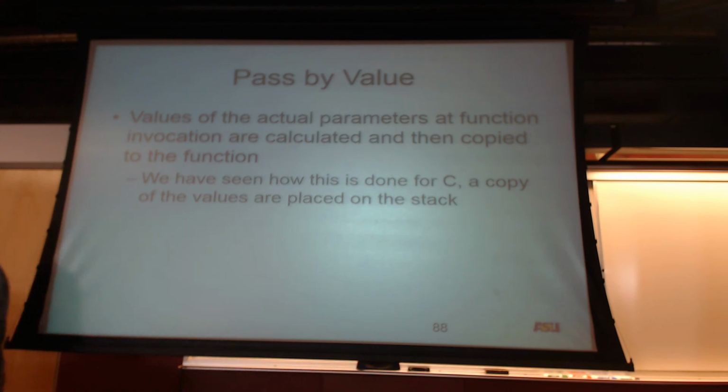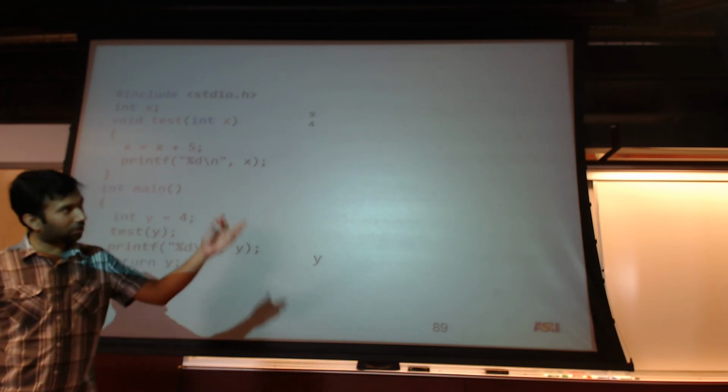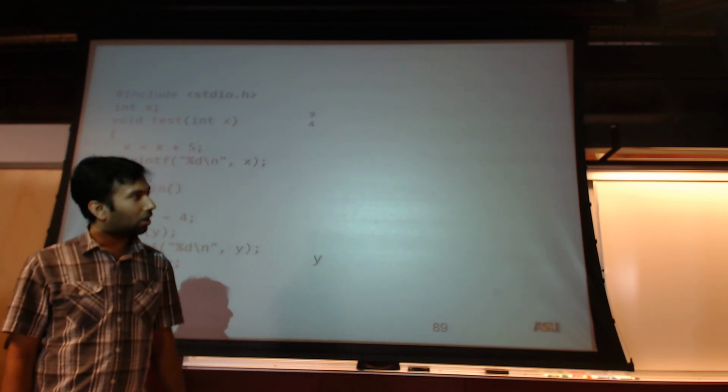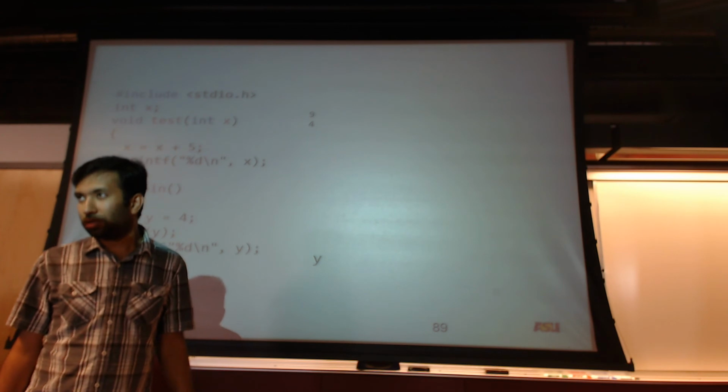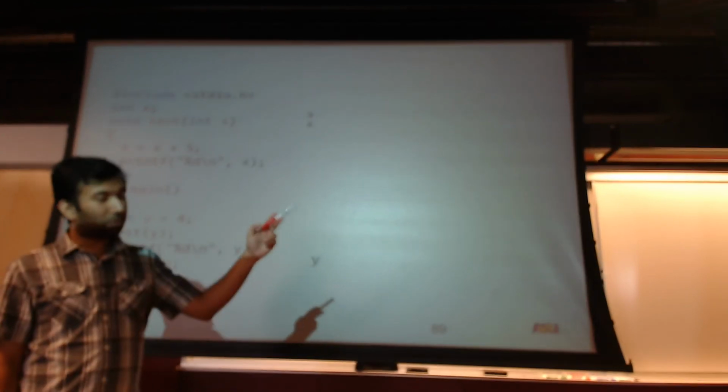So let's take an example. Anyways, there's some problem with the animation. If we have this pass by value function, then we get the result 9 and 4. How do we get the result 9 and 4? It's because we are passing by value.